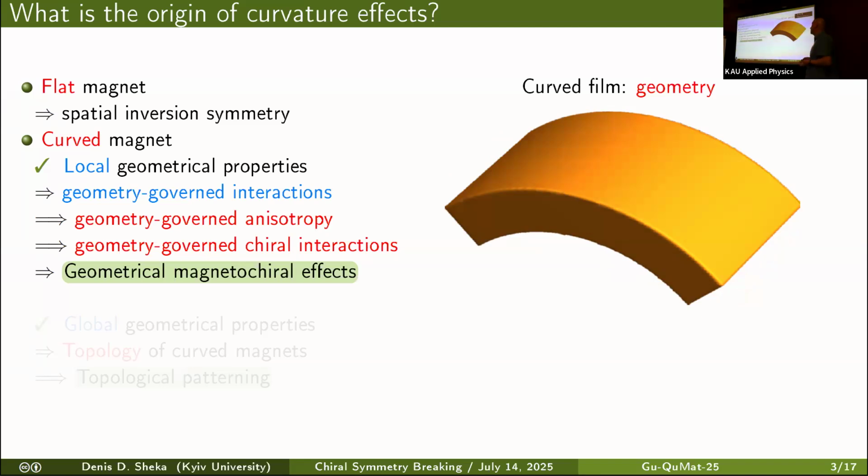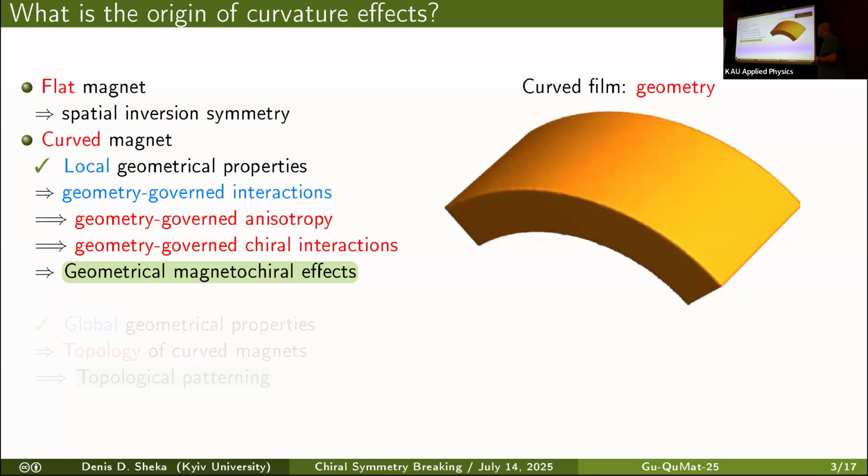we break this spatial inversion symmetry, and due to local geometrical properties, so local curvature and torsion, so bending and twisting, there appear geometry-governed interactions, so effective interactions. So geometry-governed anisotropy and geometry-governed chiral interactions.